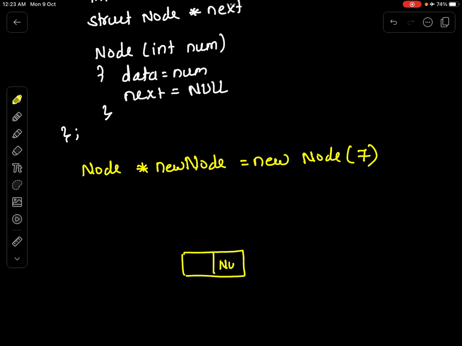Here I have the null, here I have 7, and say for example its address is 1000. Now since this is my first node, I will also keep one extra pointer whose name is head, or you can call it start as well. There is no issue. So this head will be holding the address of my first node, and my first node is 1000, so it will contain 1000. So this will be pointing to this node.